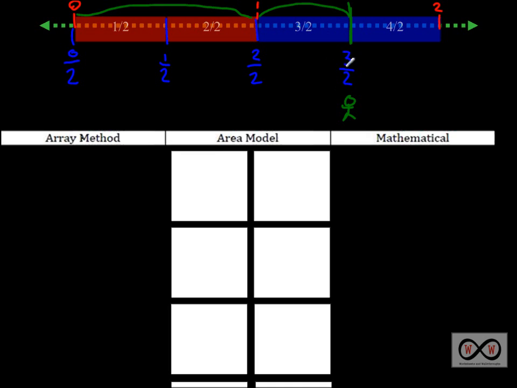Anytime you have your numerator exceeding, or greater than, your denominator, you're going to have a fraction that's greater than 1 whole. And that's what we have going on here. And then if you did finish the race, you would travel all the way to the end. This was, I don't know, a 2-kilometer race, for example. You can see the 2 up there. That would actually be 4 halves.